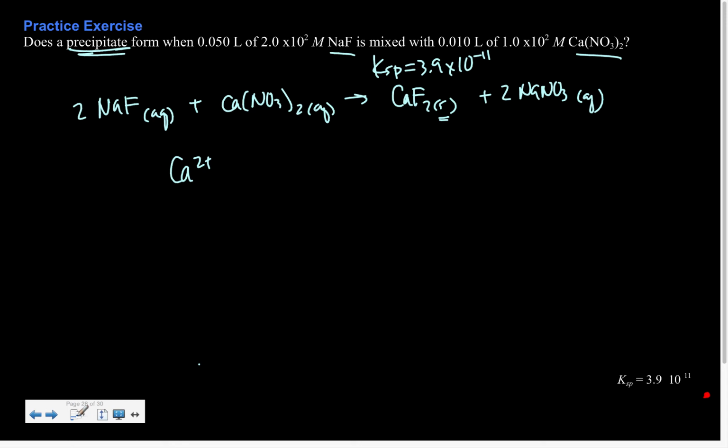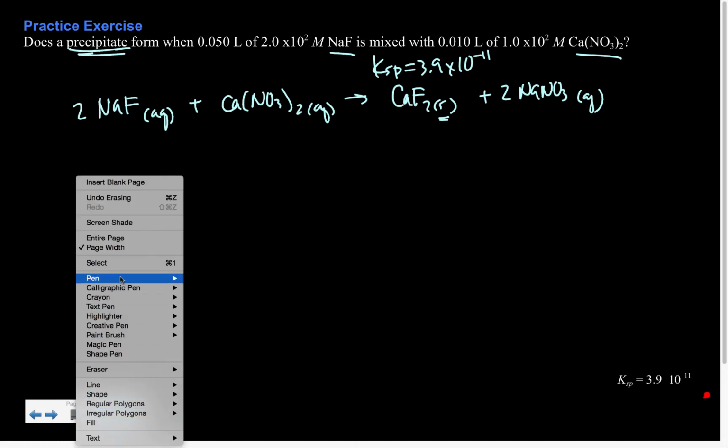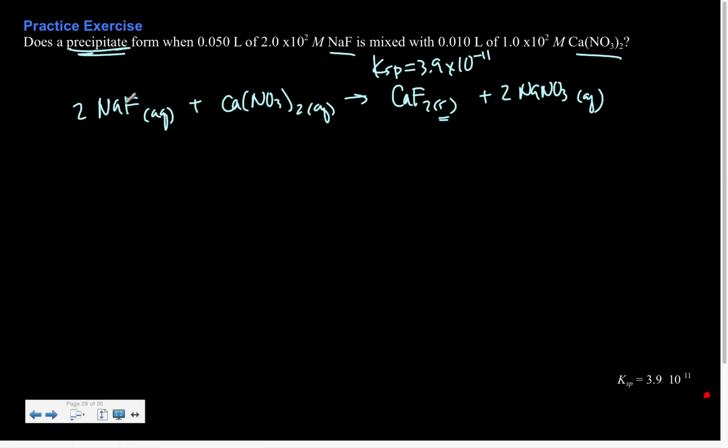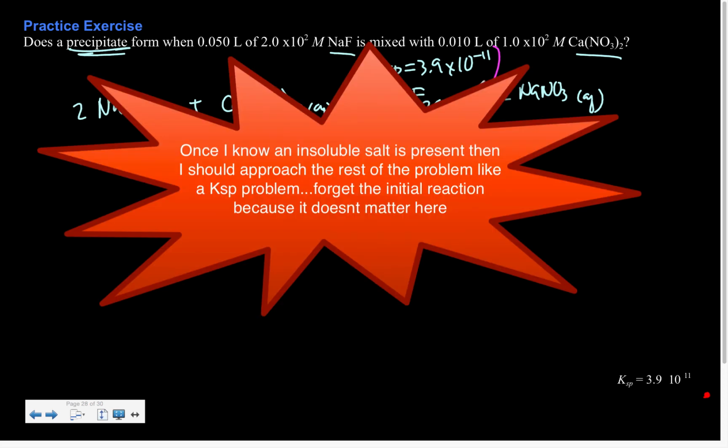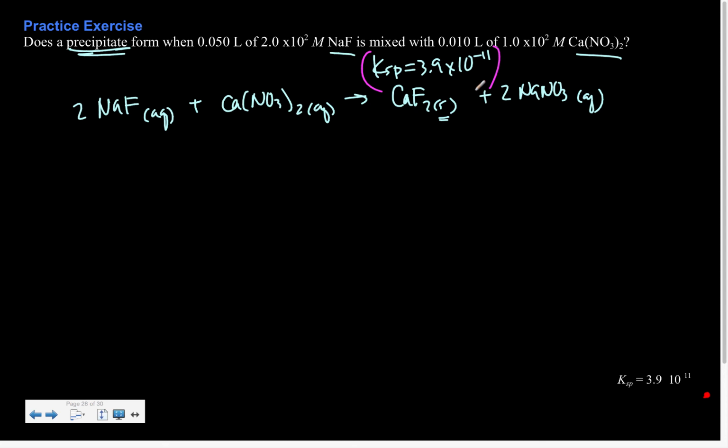So here now, we have a couple of things at play. Okay. So, things to think about. We have this reaction happening, and we form some calcium fluoride, and we know this Ksp value. Now here, really important, if I want to talk about Ksp, and I want to talk about if a precipitate forms, then I think it's really helpful to go ahead and write the equation that corresponds to your Ksp.